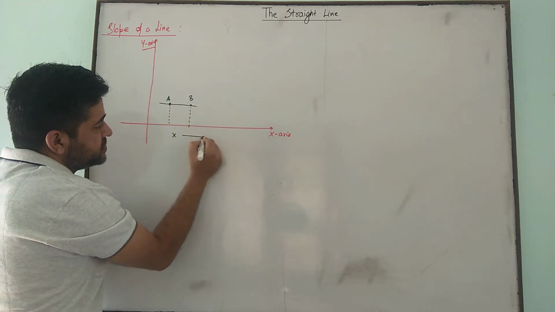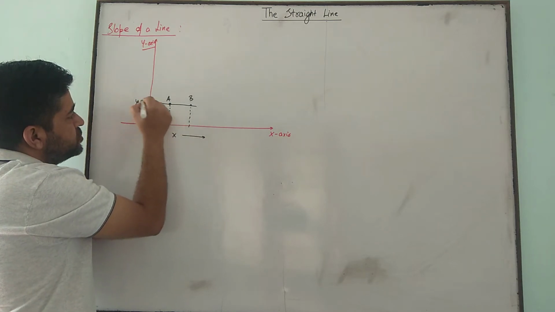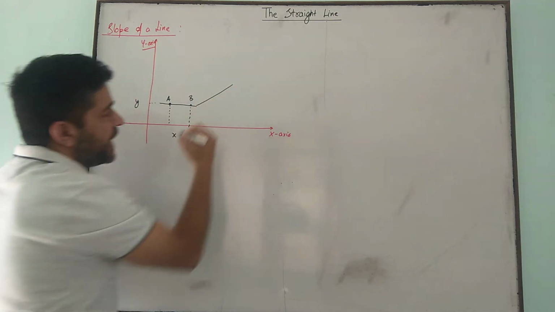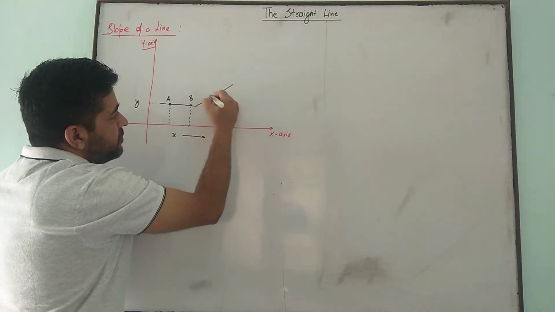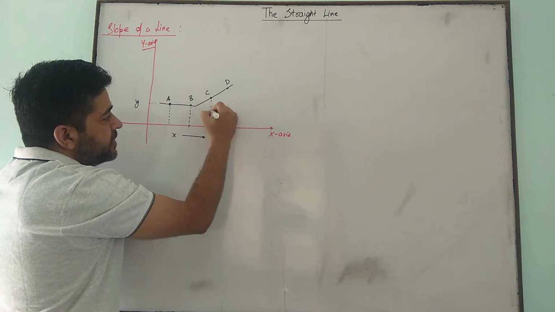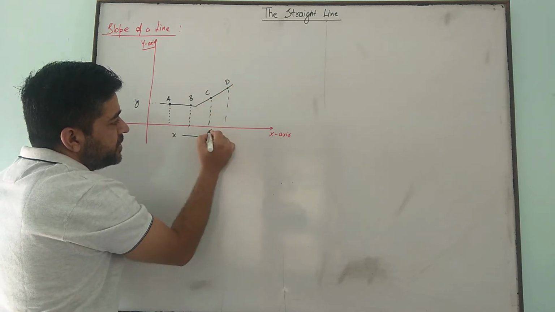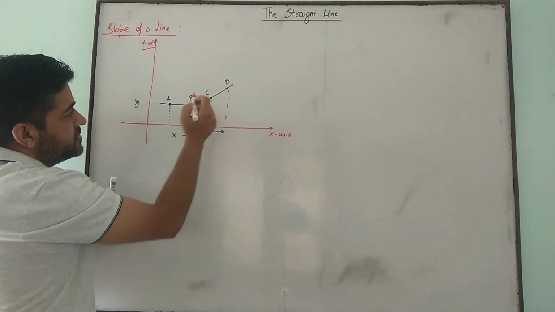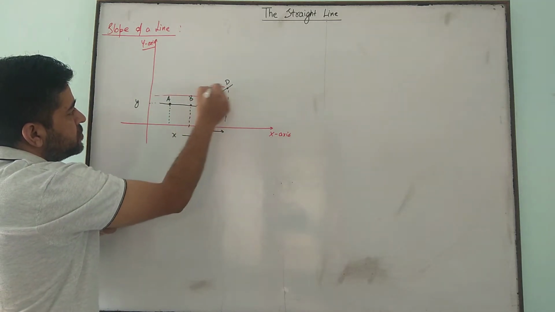See, x is changing, but there is no change in y. And when the flyover comes, we are at point C, and after some time we are at point D. There is a change in x, this much, so there is a corresponding change in y also.